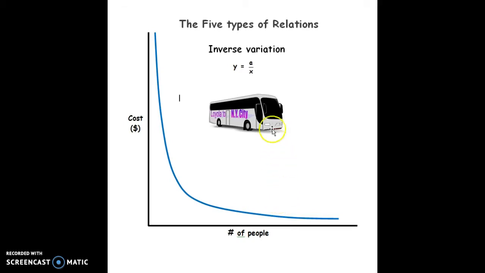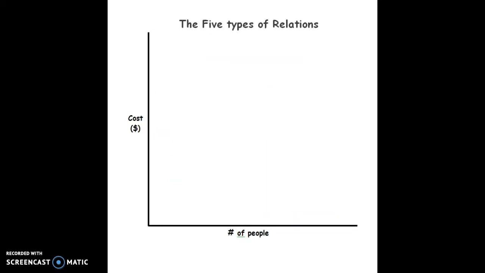And the last function or relation we need to talk about is the squared variation relation. The squared variation relation doesn't really relate people or cost, and so we have to scrap this concept just a little bit. And we're going to take a little bit of an imaginary stroll here to an idea of a free-falling body.